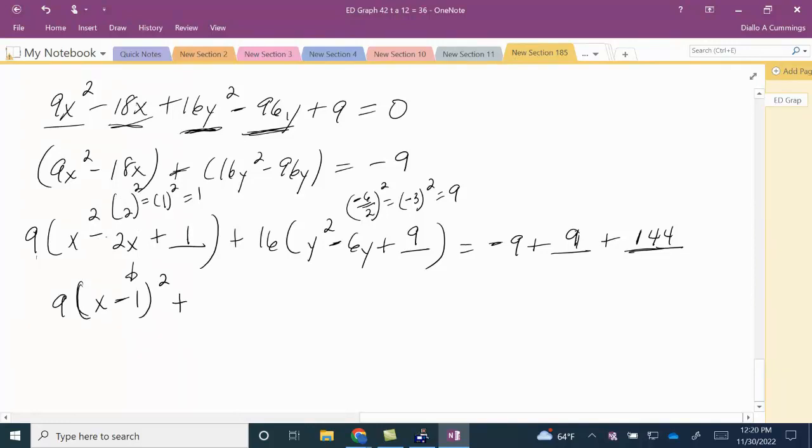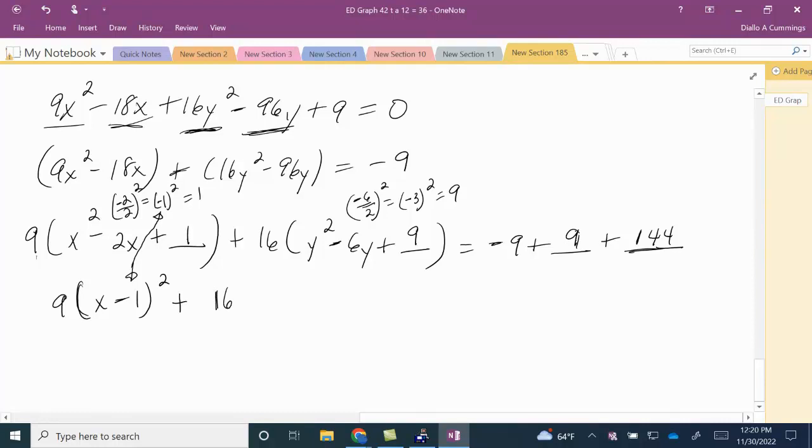When we complete the square, we take half of the coefficient of the middle term. So the coefficient of the middle term is negative 2, and negative 2 divided by 2 is negative 1. So negative 1 is the magic number that you put here.